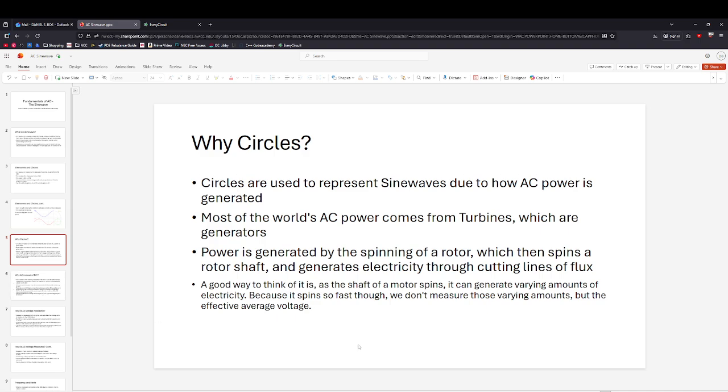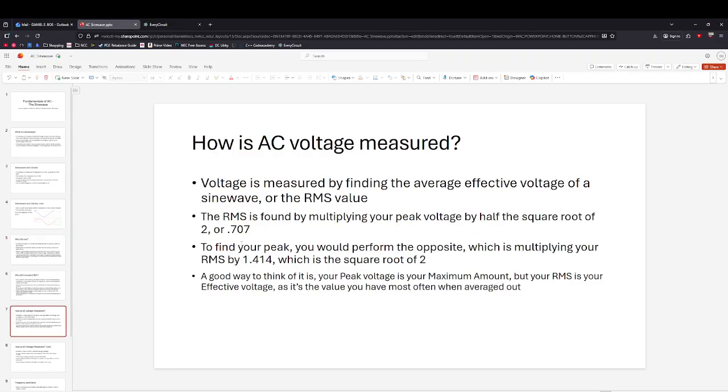A good way to think of it is, a generator can spin out varying amounts of electricity, but because it spins so fast, we don't measure the varying amounts. We don't measure the peak. We don't measure it at 30 degrees or something like that. We measure it at what is the most common, which is our RMS, or root mean square, which is effectively your effective voltage.